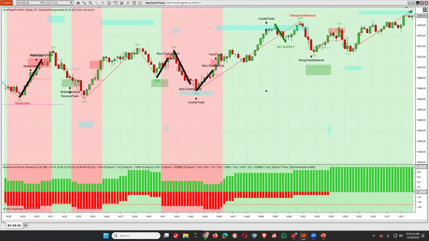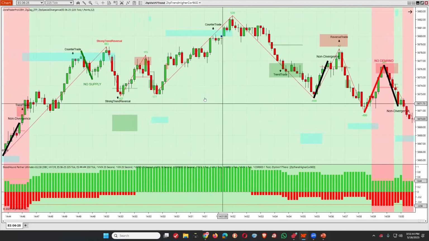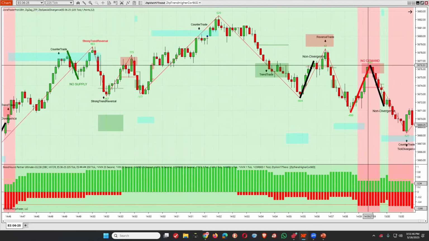Again, we have another small little trade right here, good for about 3.5 points, but you're taking it right at a high. Again, not something we're definitely going to be doing a lot of here.